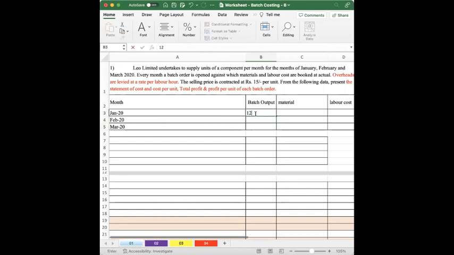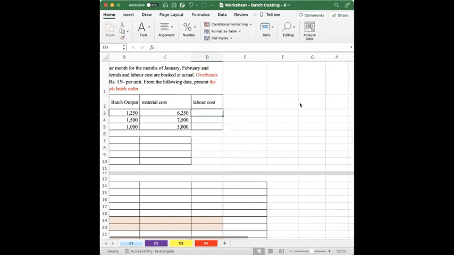Batch output will be 1250, 1500 in February, 1000 in March. Material cost, this will be in rupees, okay? Material cost, 6250, then 7500, 5000. Labor cost, 2500, 3000, 2000.